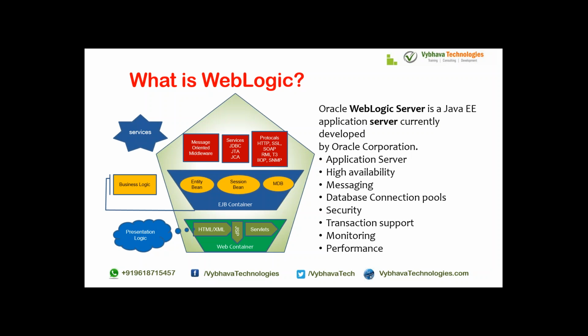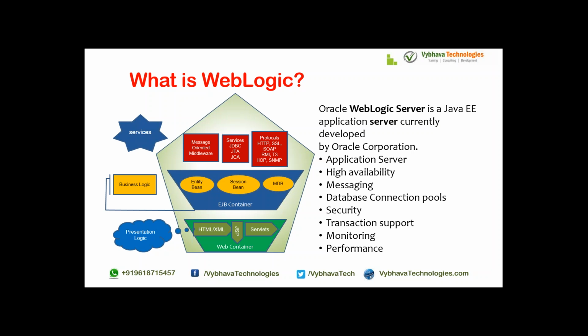MDB, message driven beans. As I told you, WebLogic works like a MOM, message oriented middleware. It is supported by JMS. JMS is one API which is already included in your WebLogic server. You don't need to create or construct a new thing. It is already readily available on the WebLogic server.